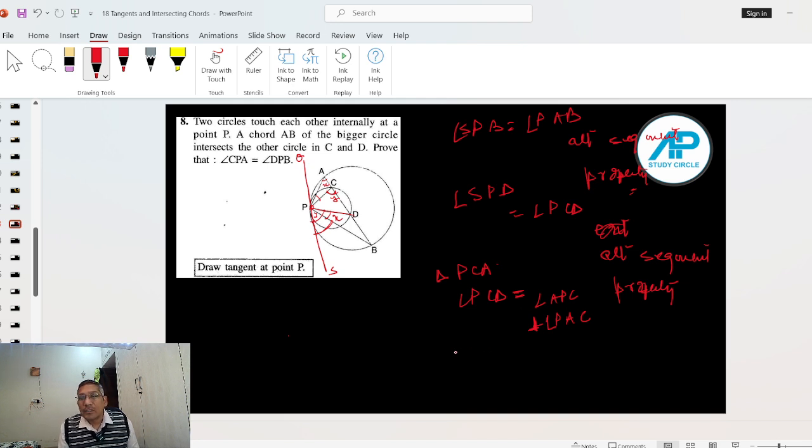So I write down angle PCD equals Y, which equals APC plus X. So this angle is Y minus X. Angle PAC is equal to Y minus X.